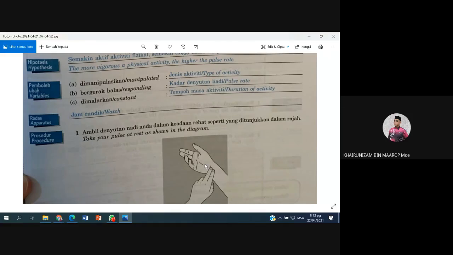Let's say you wear your watch on your left hand, so you put your right finger on your wrist, as the diagram shows. At the same time, you can watch your time. Time taken is 10 seconds.